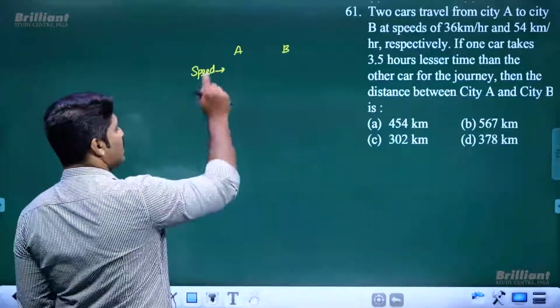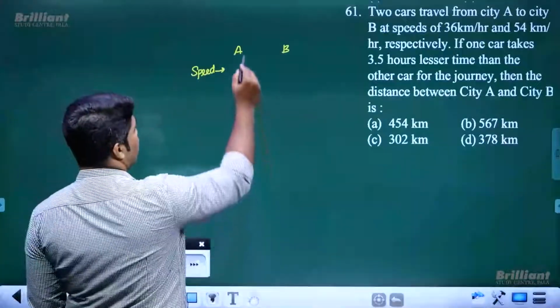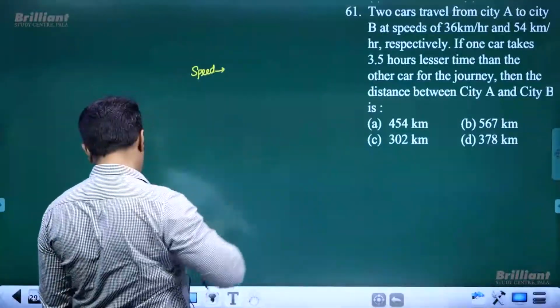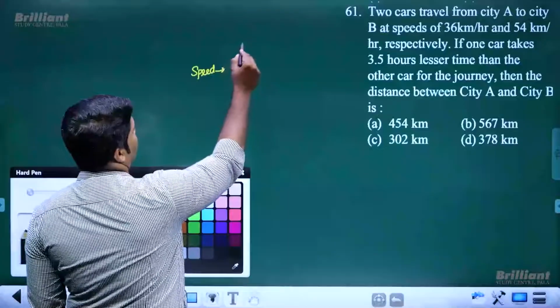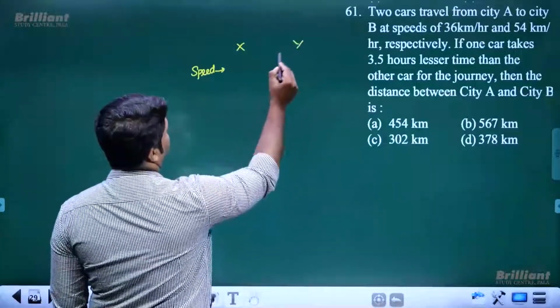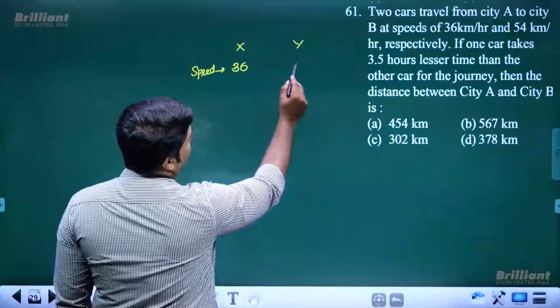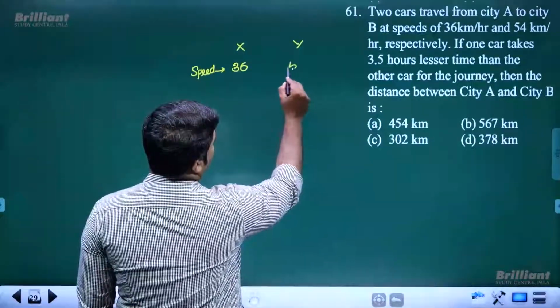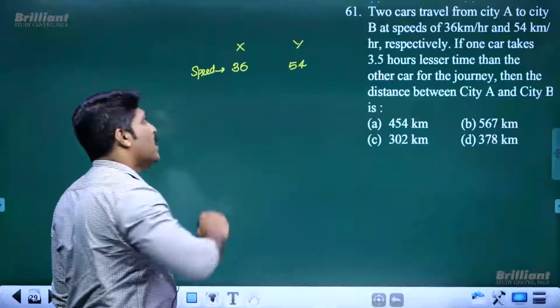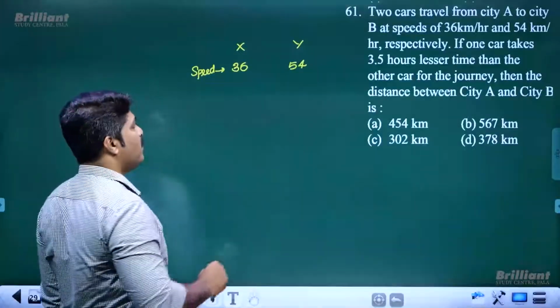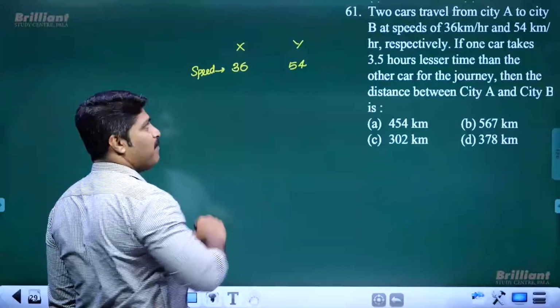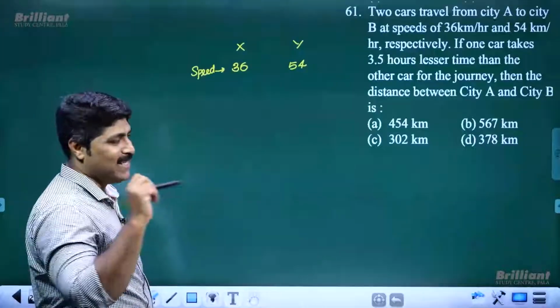Here the destinations are A and B, therefore we have to name the cars something else. So we can write the cars are X and Y. The speed of X, the first car, is 36 km per hour, and that of the second car is 54 km per hour. Think about the ratio between these two speeds. Here we know that 36 and 54 both are divisible by 18.